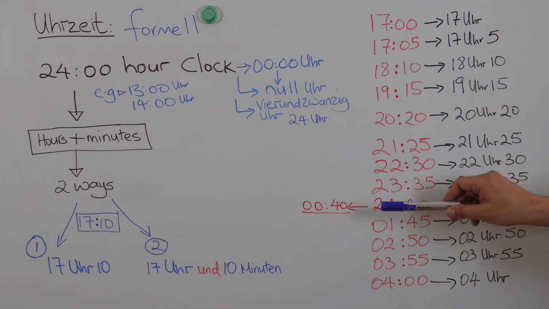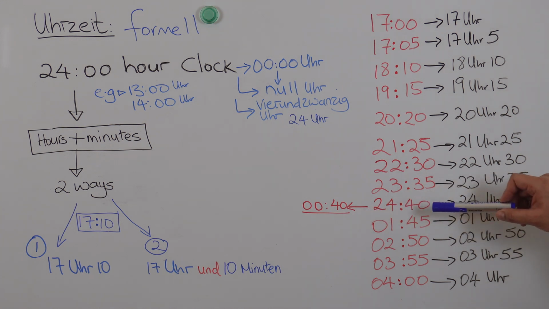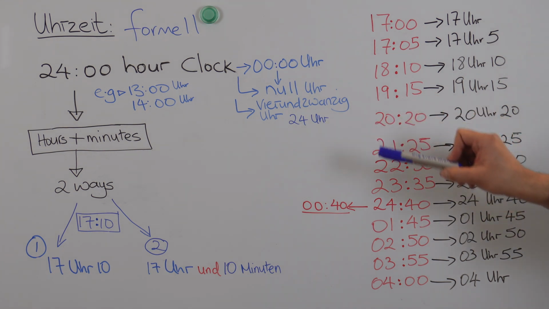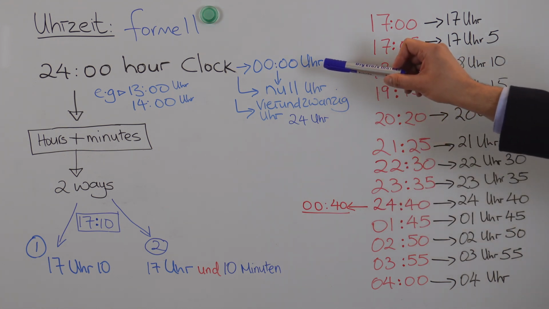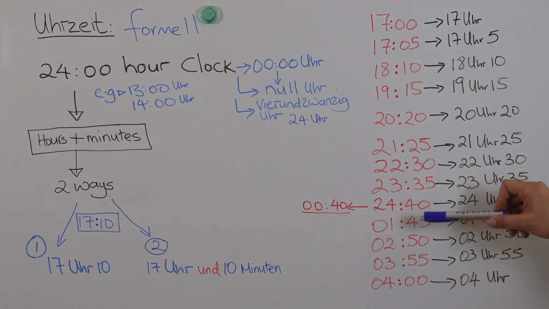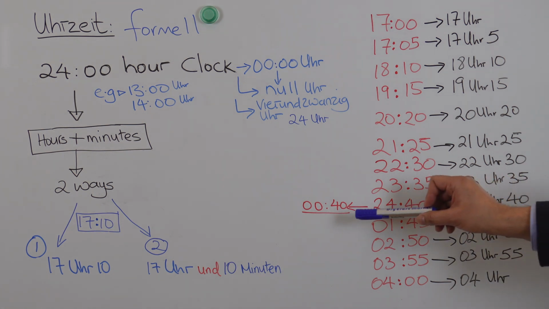And for 12 in the night, there are two ways of writing it. The one is 24 hours and 40, as I told you, the 24-hour clock, and the next one is 0 Uhr 40. So 24 Uhr 40 or 0 Uhr 40.